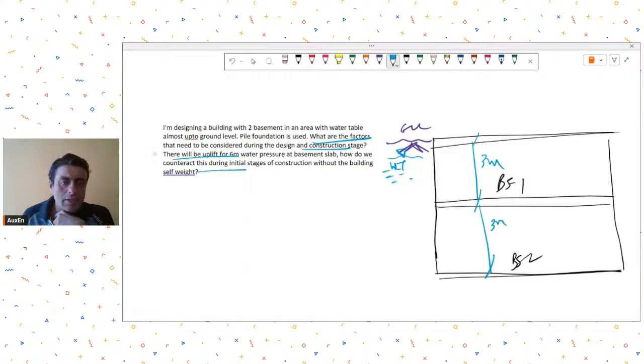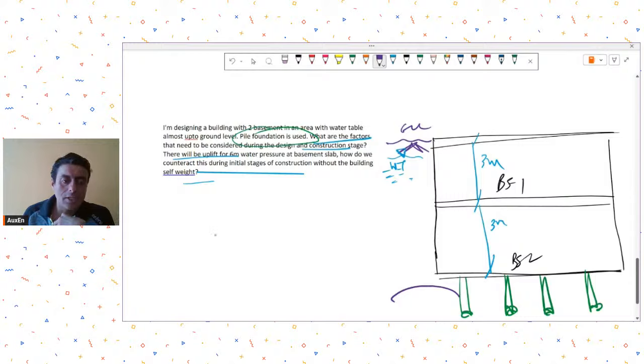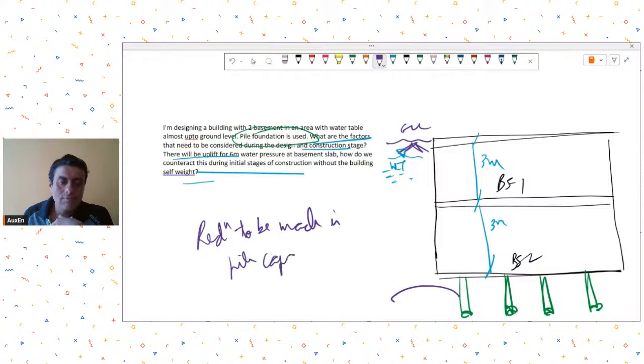How do we counteract this during initial stages of construction without the building self weight? And he is using pile foundation. So see, if you are using piles in your raft, assuming you are providing a basement with raft with pile, first of all you can just see what is the reduction, the first reduction to be made in pile capacity, both in tension and compression.